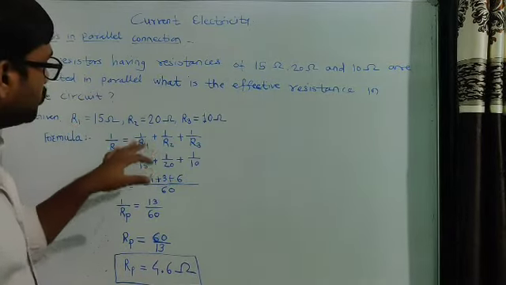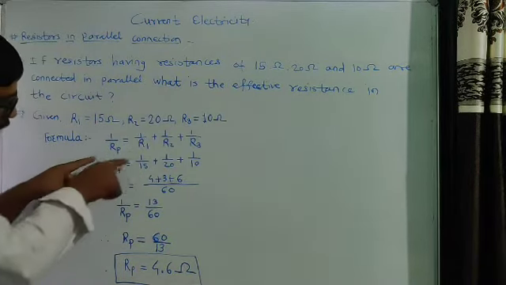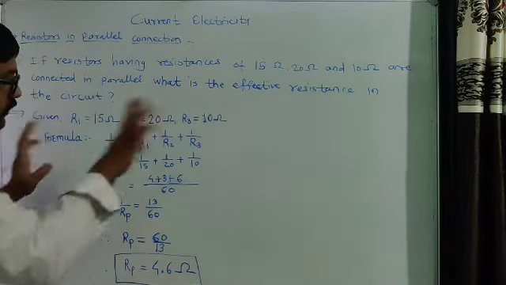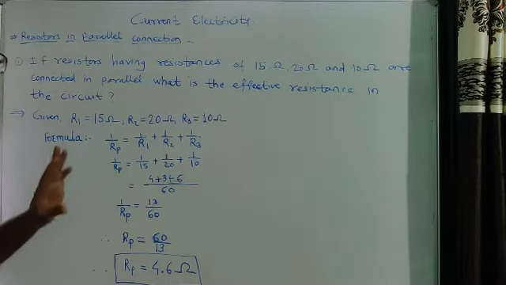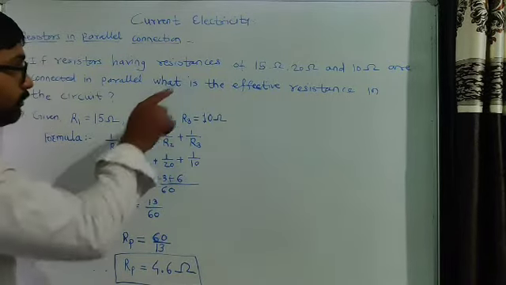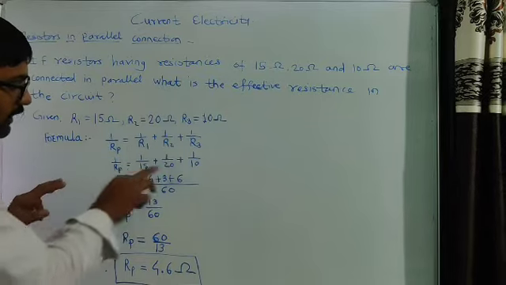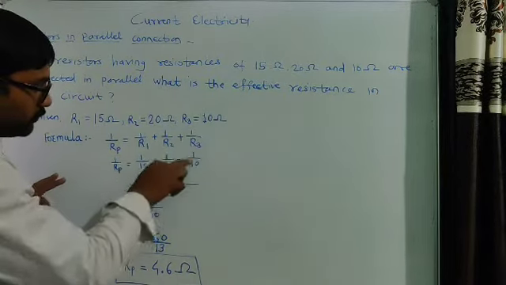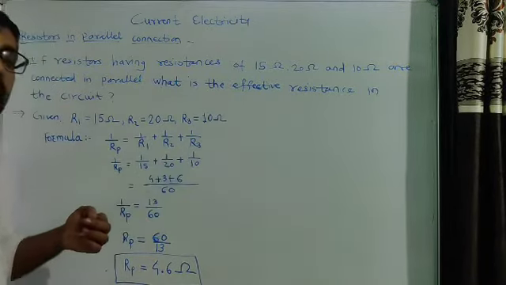Now we know this formula, so we have to put the given values of the resistors in it. R1 has value 15 ohm, so 1 by 15, plus R2 having value 20, so 1 by 20, plus R3 10 ohm, so 1 by 10. So 1 by 15 plus 1 by 20 plus 1 by 10.